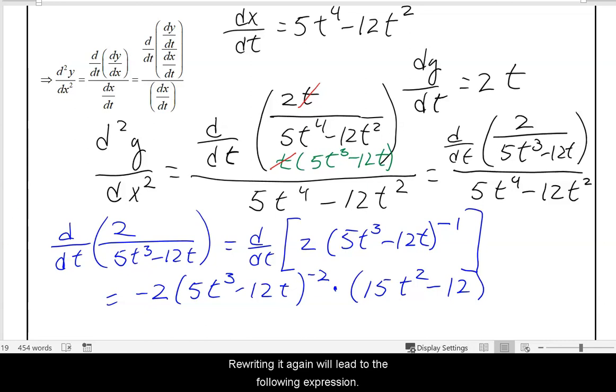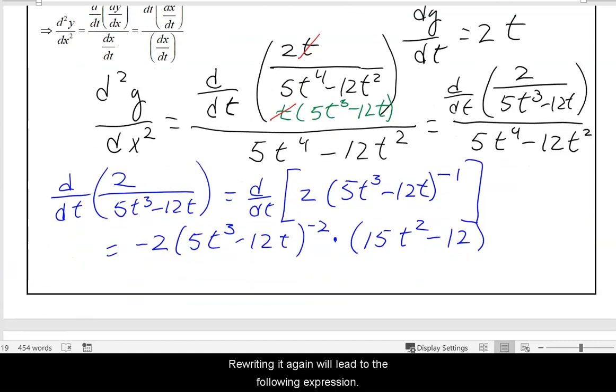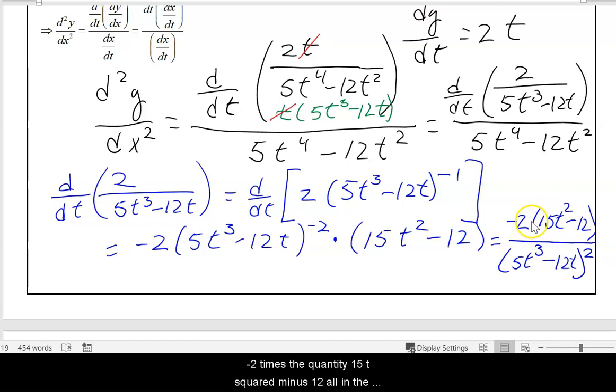Rewriting it again will lead to the following expression. -2 times the quantity 15t squared minus 12, all in the numerator, divided by the quantity 5t cubed minus 12t, all raised to the second power.